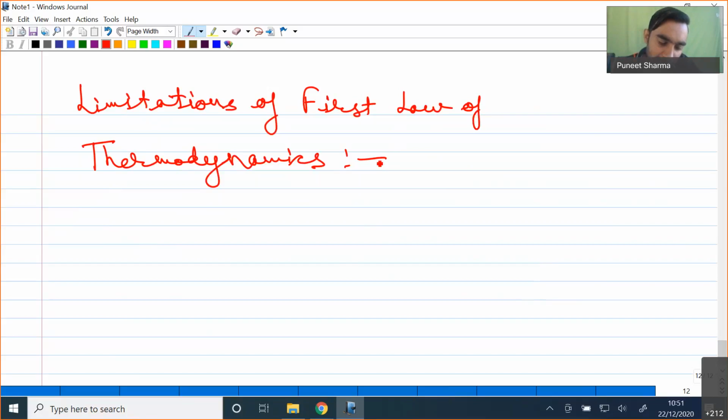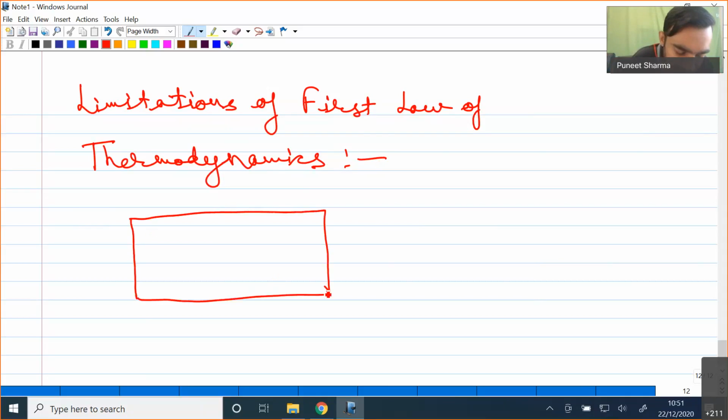If the overall energy content remains constant and there are changes in the different kinds of energies while thermodynamic processes happen, that is all acceptable. It doesn't tell us which processes are not possible. For example, if I give you a typical example of a paddle wheel, say we are having a container and this container is initially well insulated.